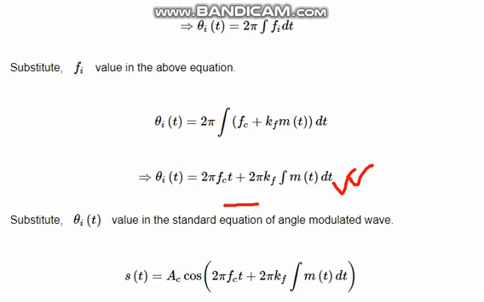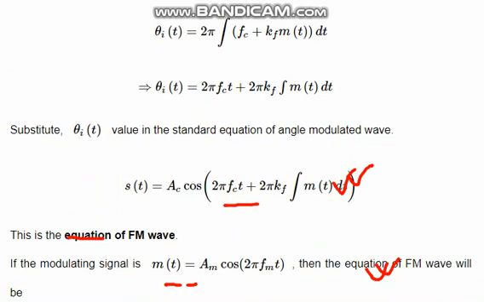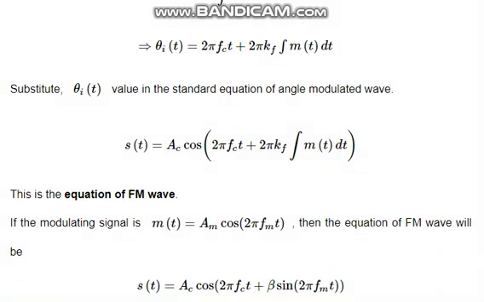Then the calculation goes on, and if we put theta i into the Ac cos theta i position, we get this angle modulated wave. This is the equation of the FM wave, that is the derivation of the FM wave.